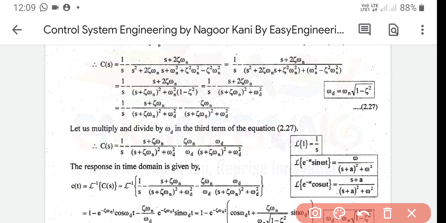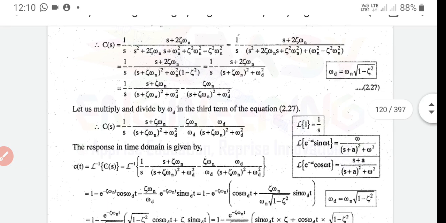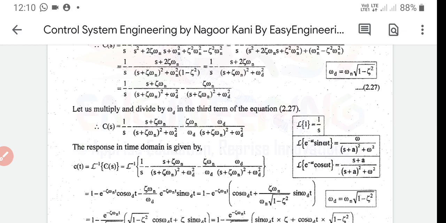Okay, so after doing this, now we are applying the inverse Laplace transform. So C of t is equal to, what is C of t? Laplace inverse of 1 by s minus (s plus zeta omega n) by ((s plus zeta omega n) whole square plus omega d square) minus zeta omega n by omega d into omega d by ((s plus zeta omega n) square plus omega d square).